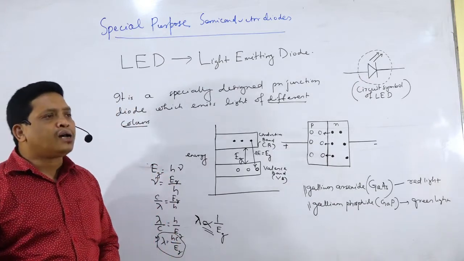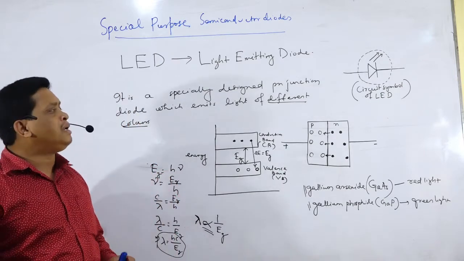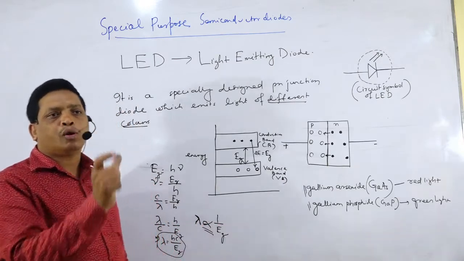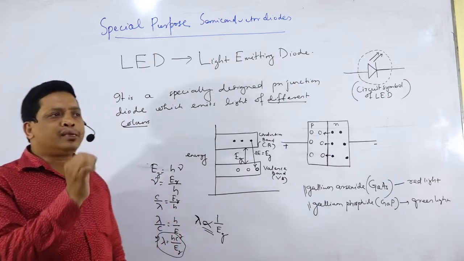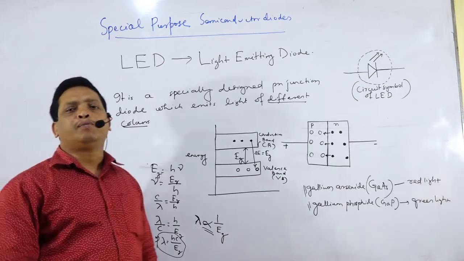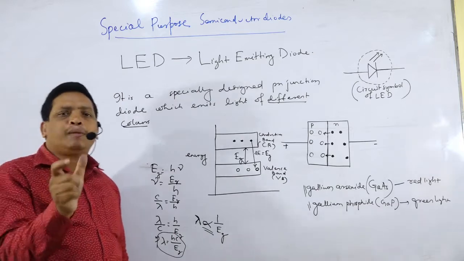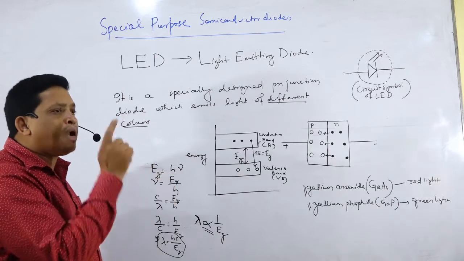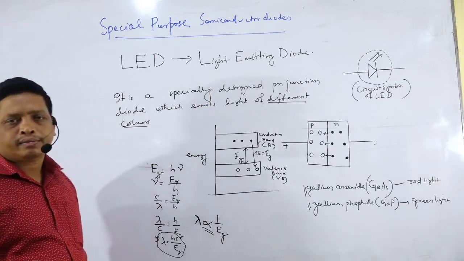So if you are asked to distinguish between photodiode and light emitting diode, then you can write the differences. A photodiode is a special purpose PN junction diode in which, when light falls on this diode, then current flows. But LED is a special purpose PN junction diode in which when current passes, then light is emitted.